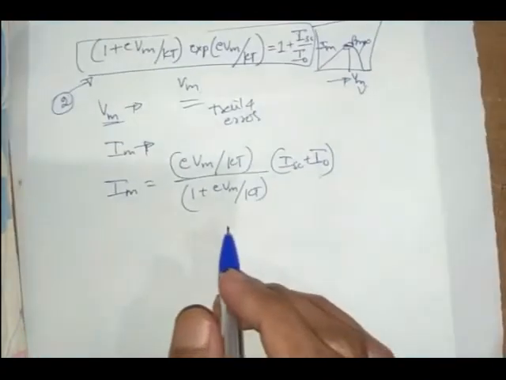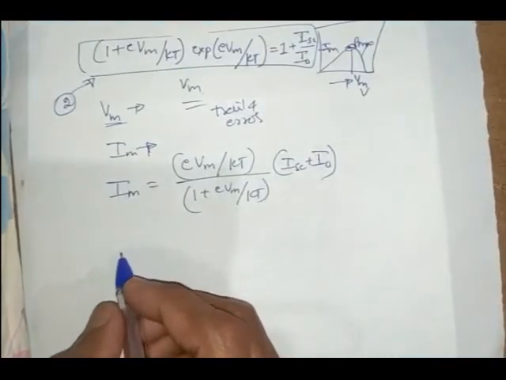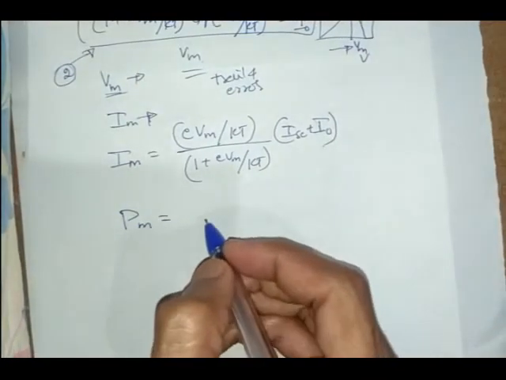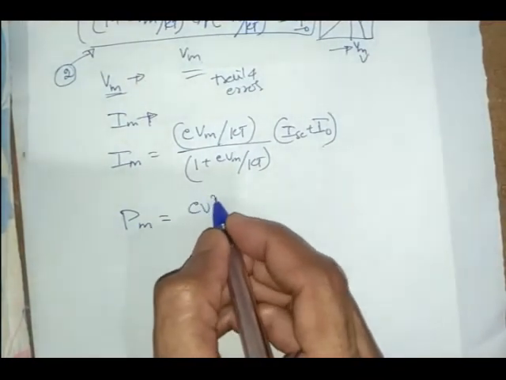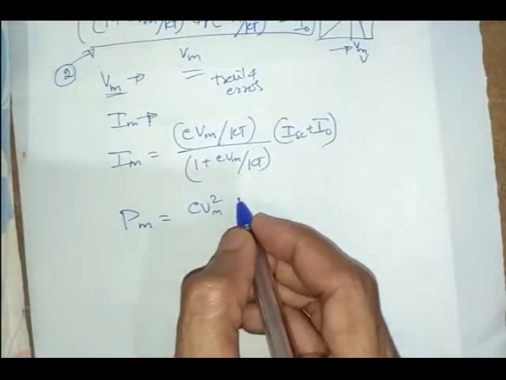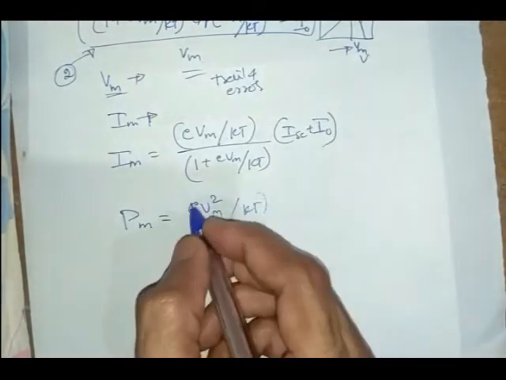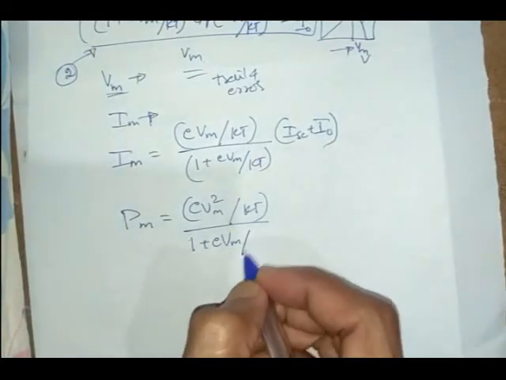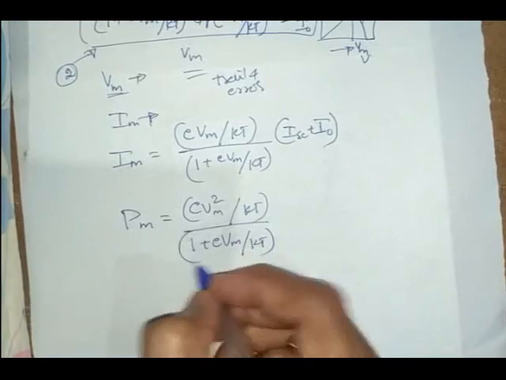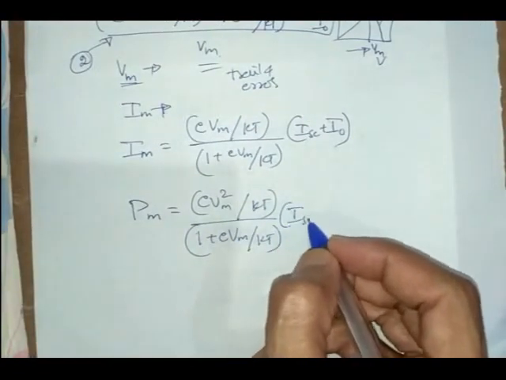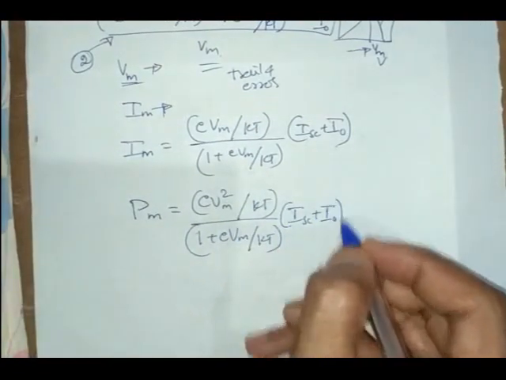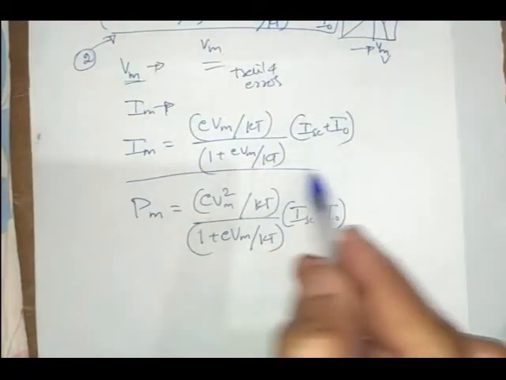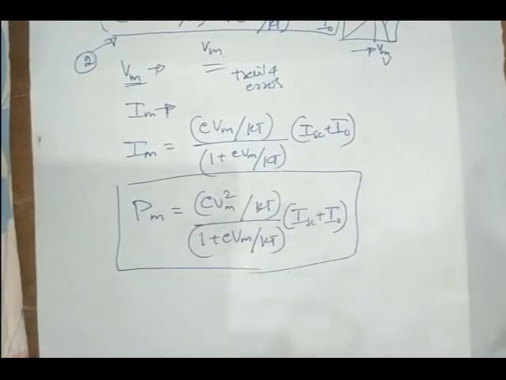So if you have IM, then maximum power PM is equal to E V square, VM square divided by KT, and then 1 plus EVM divided by KT, and ISC plus I naught. So this is the equation for maximum power.